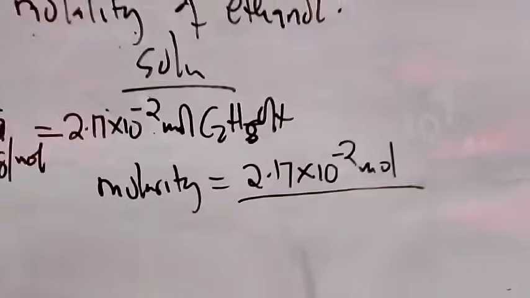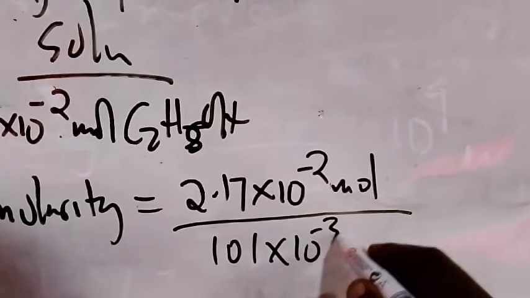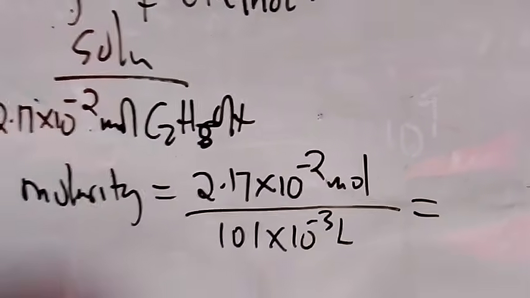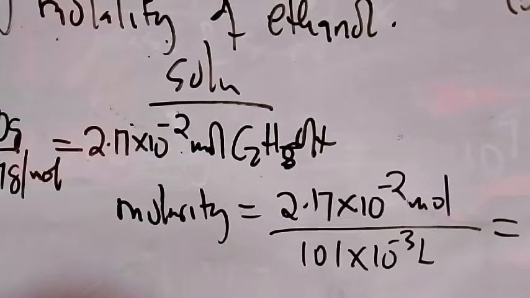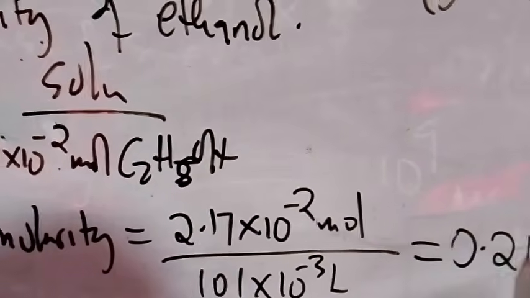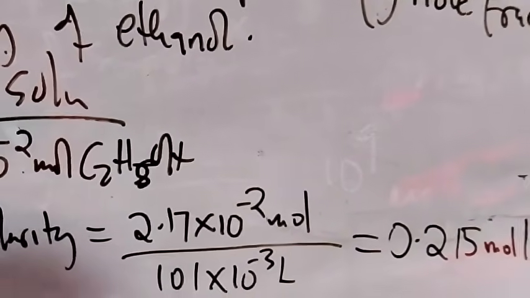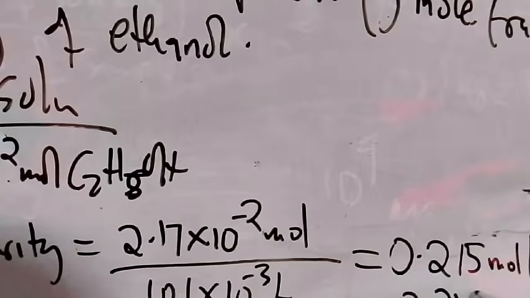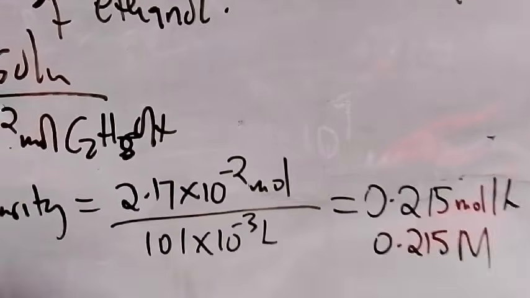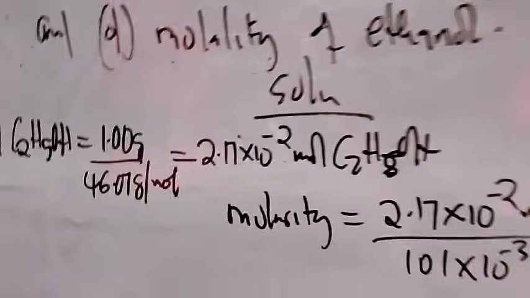We convert the volume into liters, so 101 times 10 to the power negative 3 liters. Then you divide, and you are going to find 0.215 moles per liter, or simply 0.215 molar. So that is the molarity.